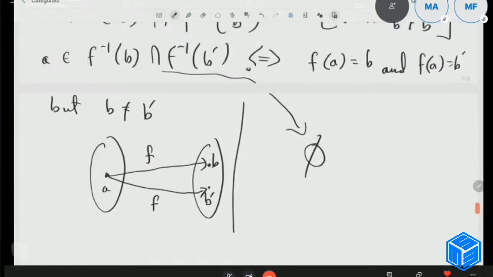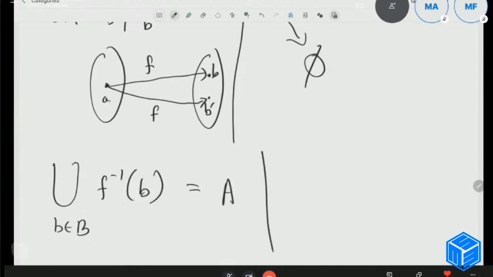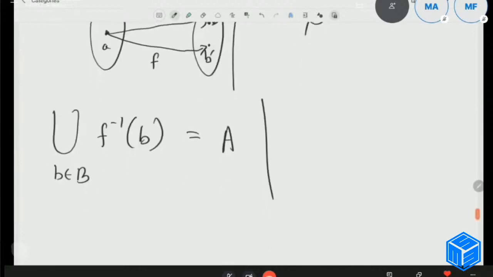And also, if I take the union over all B in B of F inverse of B, what is this equal to? That is the set A, right? You're partitioning A into different sets, these different classes, if you will, and you can reconstruct A. So this is certainly a subset of A. Okay, but why is it all of A?